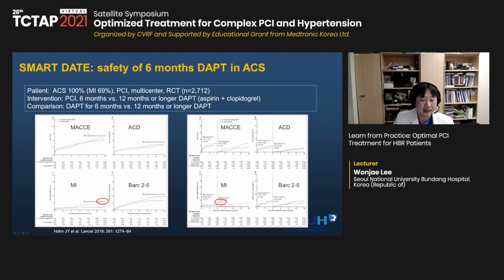MACCE was not different between 6-month DAPT or 12-month DAPT. However, if you look at just MI, and especially if you look at the landmark analysis, right after 6 months where DAPT was discontinued, you can see that there is a continuing increase of MI events in the single antiplatelet strategy, which gives us concern that in ACS, maybe short DAPT might still be a concern.